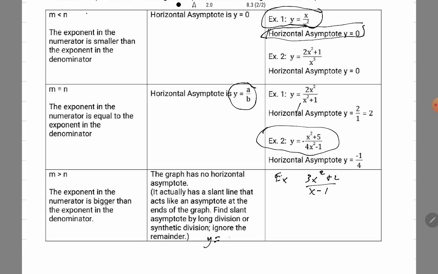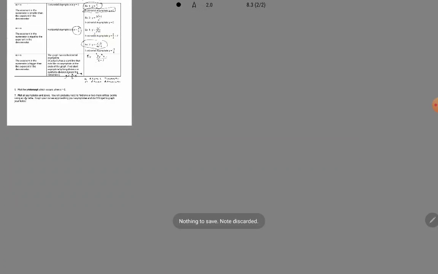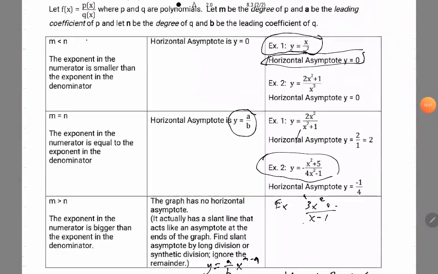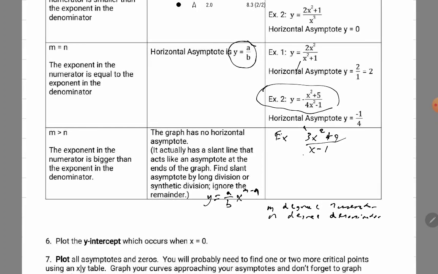And our equation is y equals a over b times x to the m minus n, where m is the degree of your numerator and n is the degree of your denominator. Our example is 3x squared plus 2 over x minus 1.